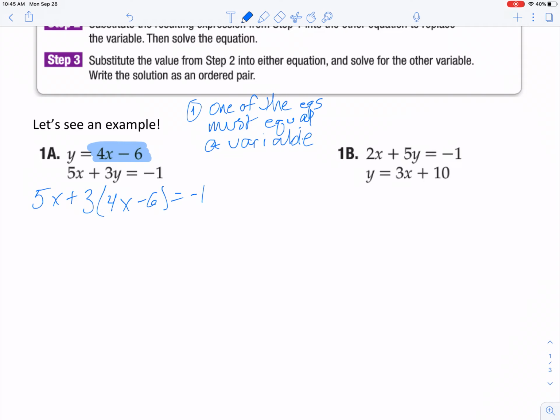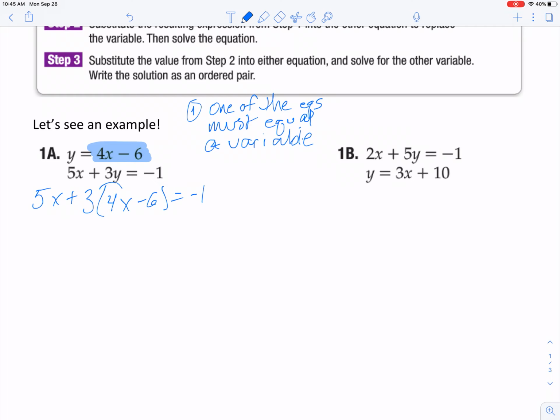Holy cow, that looks longer and worse than what we had to begin with. Why was that helpful? Well, we got rid of a variable, so we no longer have a 2-variable problem to solve. We just have one variable. Now it's just a really fancy multi-step equation.